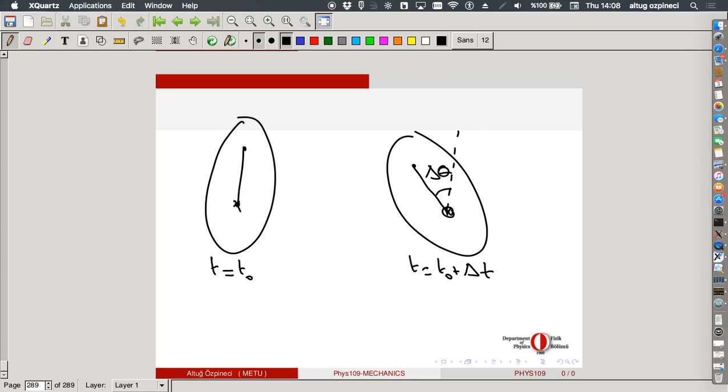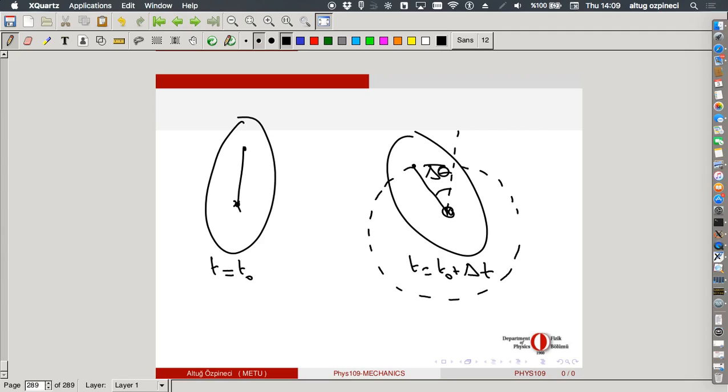Now, you see, since it's a rigid object, its shape doesn't change. If its shape doesn't change, this distance is always the same. So as the object is rotating, this point over here is basically doing some circular motion. It's going around a circle.